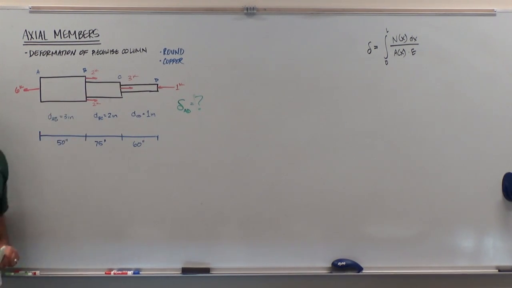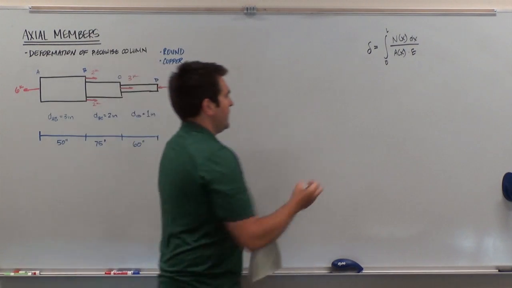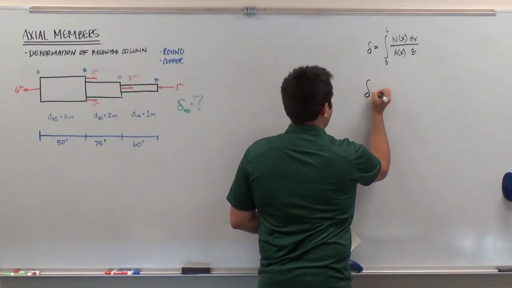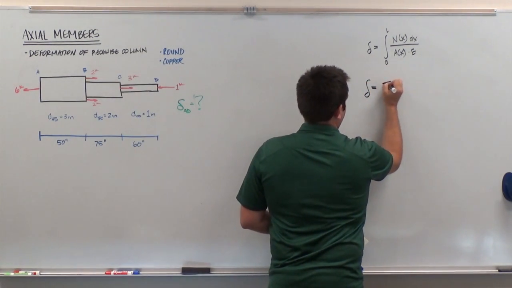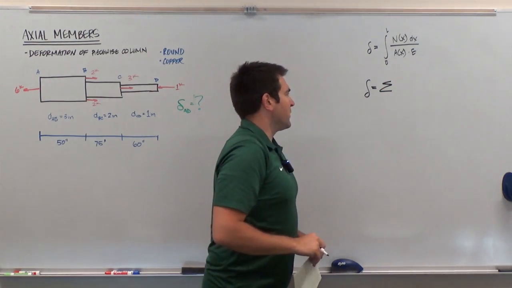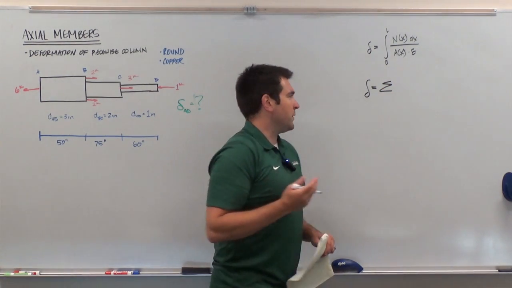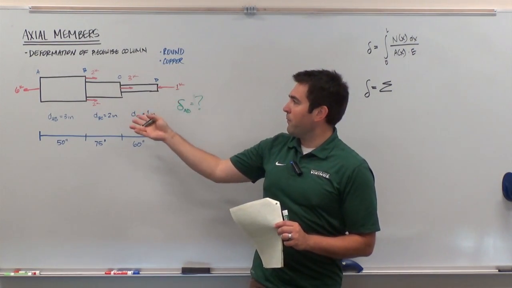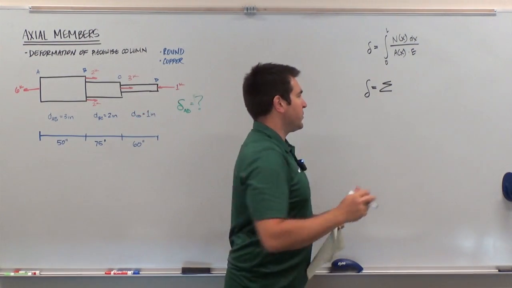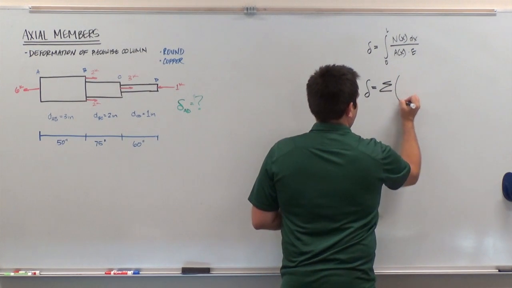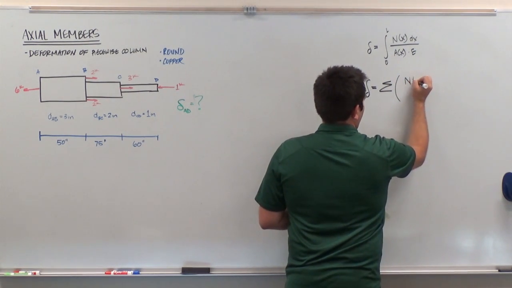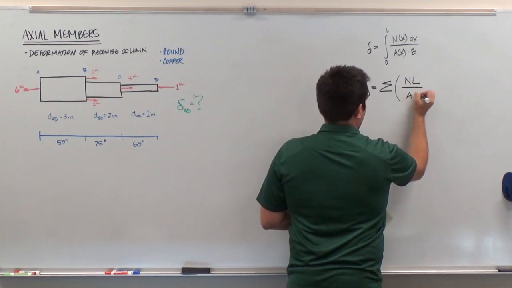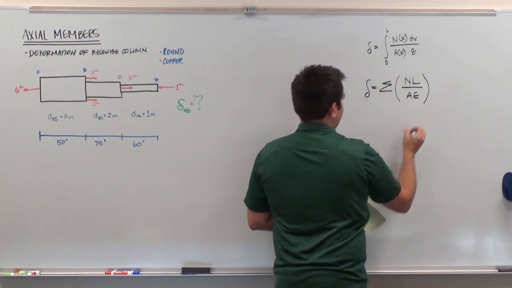So the form of this general equation that we can use gets a bit more user-friendly. It's simply the overall deflection of this column is going to be equal to the summation of the deflections of each section, because each section has a constant normal force and a constant cross-sectional area. It just becomes a summation of NL over AE.